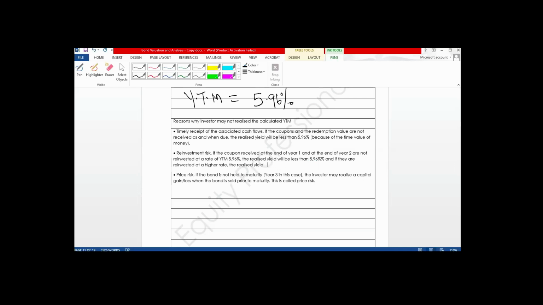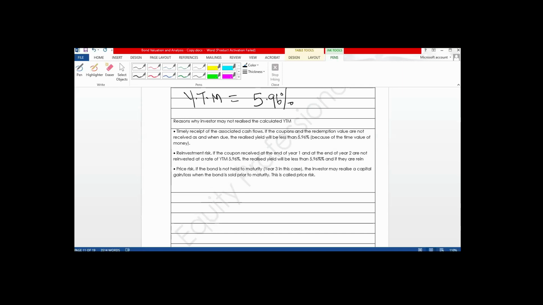Once you don't reinvest your cash flow at the rate of the calculated YTM, then the investor will not realize the calculated YTM. The rule is that the investor must reinvest the coupon interest at the rate of the YTM.